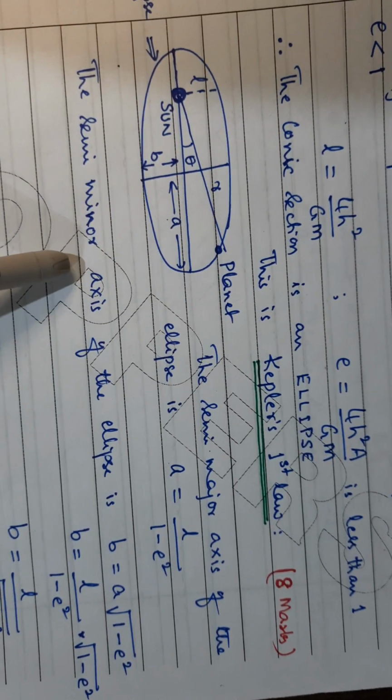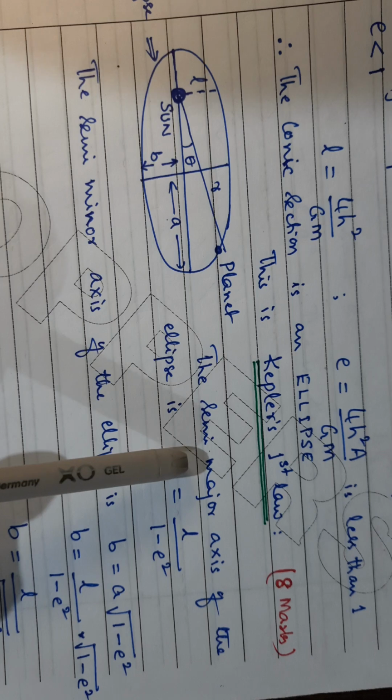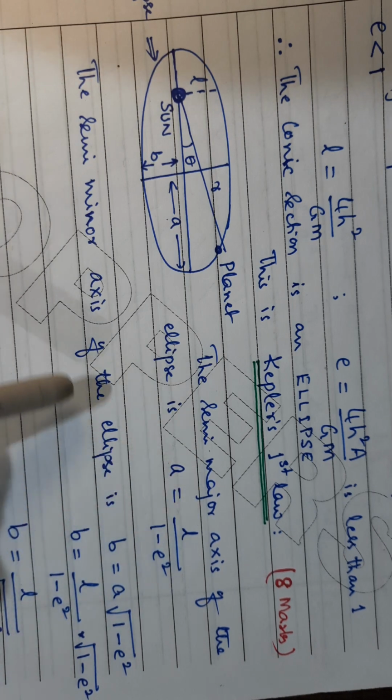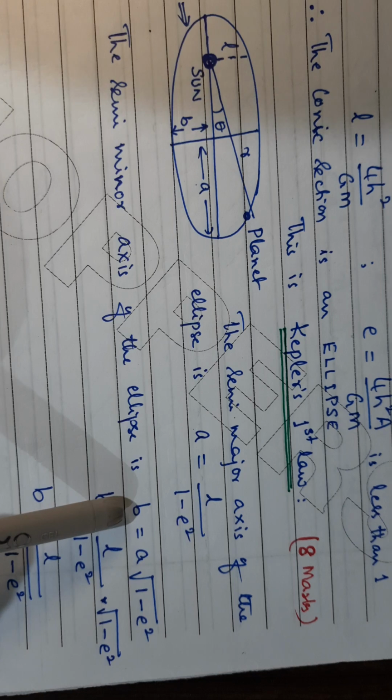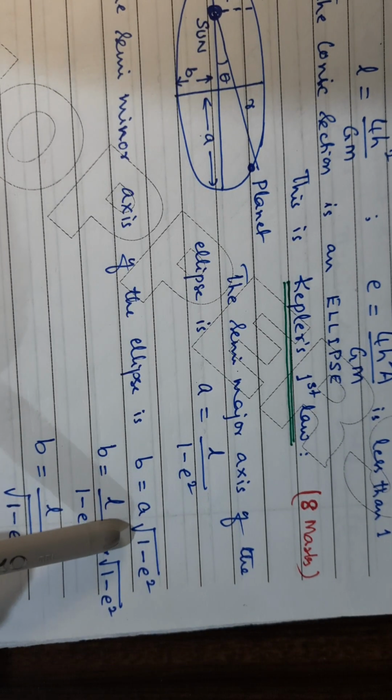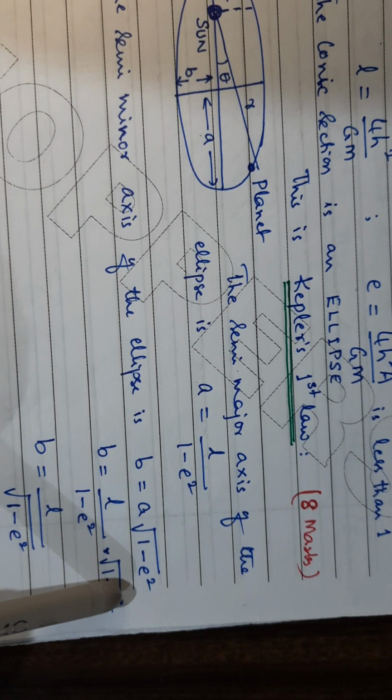This is the semi-major axis, this is the semi-minor axis. The semi-minor axis is given by B, which is equal to A into square root of 1 minus E square.